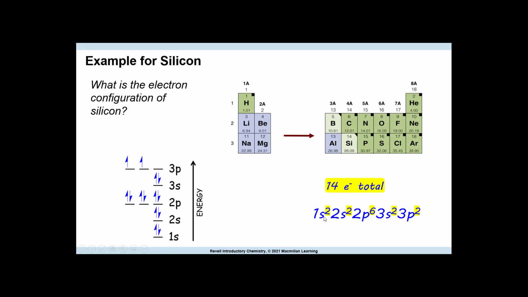So now we can write it 1s2, 2s2, 2p6, 3s2, and 3p2. This is the electron configuration. It represents 14 electrons total for a neutral silicon atom. And that's exactly how you would handle anything that's being asked for electron configuration.